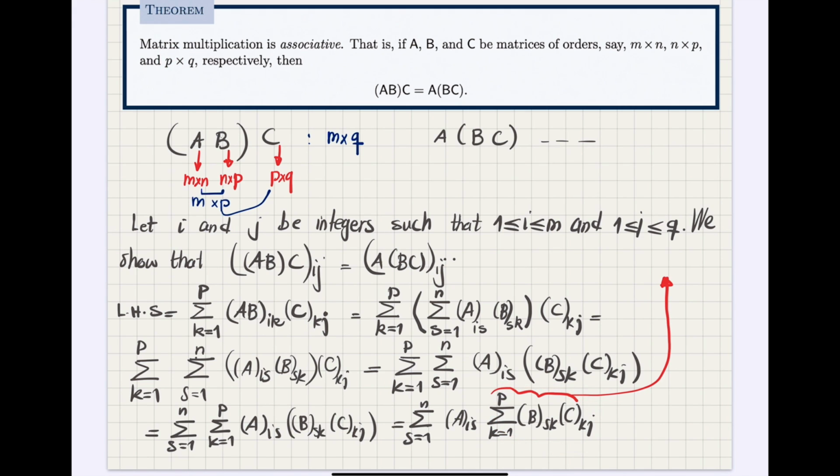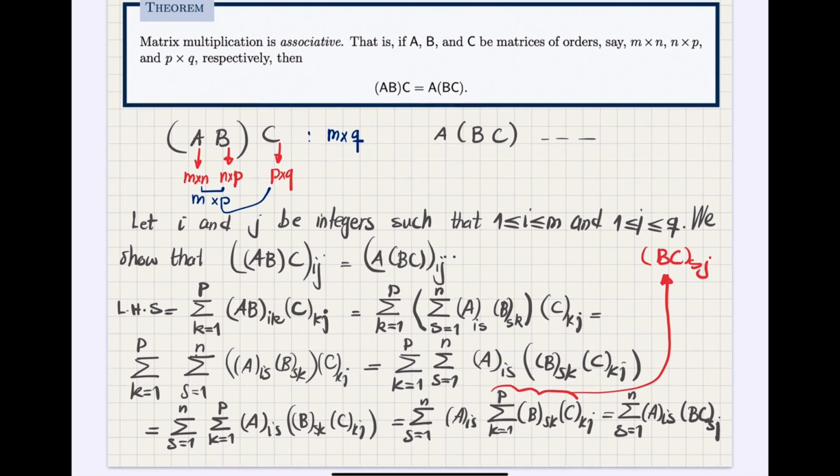So I can write it as B times C, S, J entry. So let me write it down now. This becomes sigma, S goes from 1 to N, A_IS, BC_SJ.